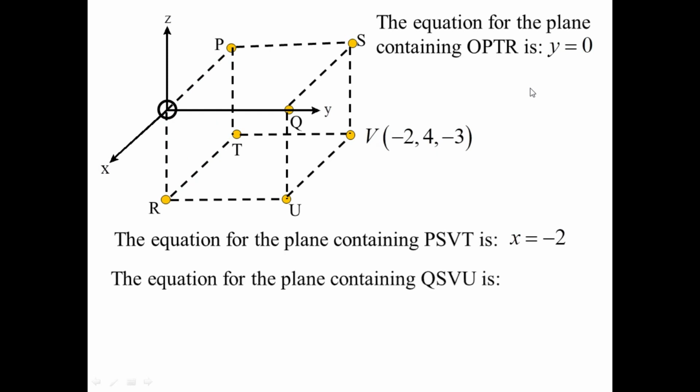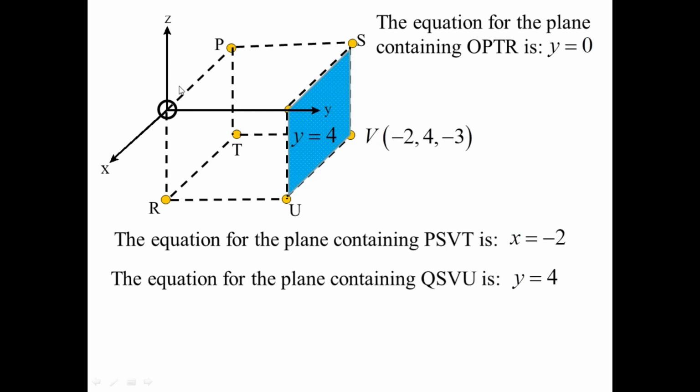Okay, how about the plane that contains QSVU? Where's that? QSVU. Okay, that plane. It looks like it's the side wall that just got pulled out. It got pulled out along this y-axis, 4 units. So y must equal 4 all over that plane.